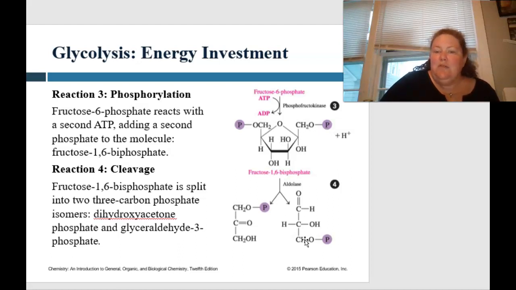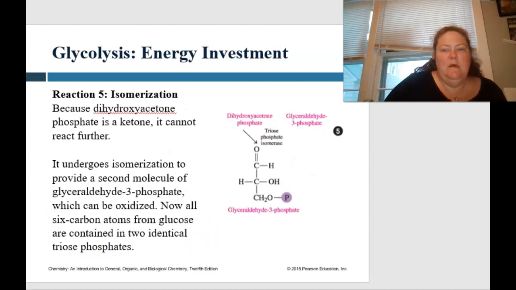Reaction 4 would be that cleavage. We've formed this fructose 1,6-bisphosphate, and it's going to cleave or break apart into 2 3-carbon sugars. So that fructose 1,6-bisphosphate is split into 2 3-carbon phosphate isomers, dihydroxyacetone phosphate and glyceraldehyde 3-phosphate. Then we move on to reaction 5, and this is again isomerization.